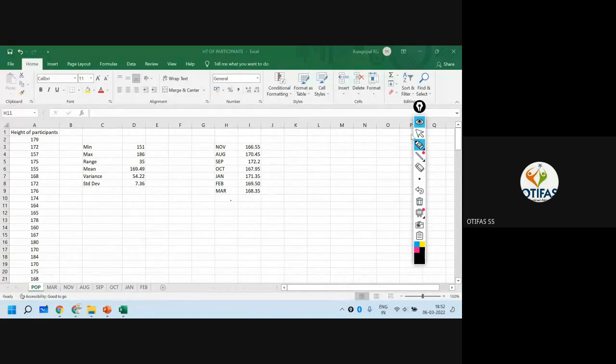So let me take it as X double bar, XDB. Let me call it X double bar. So how will you find out? Just go to this and type equal to average.